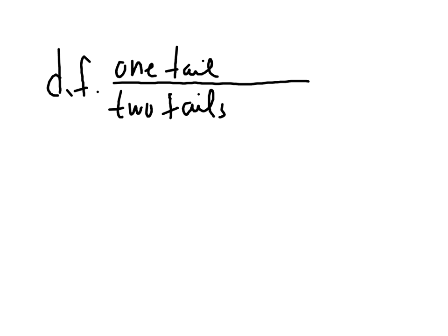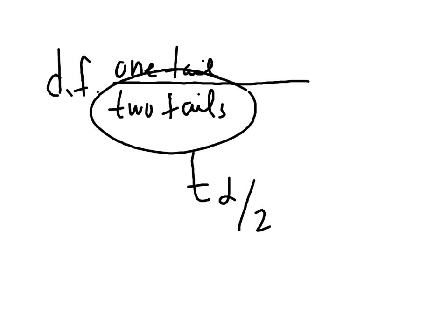The only thing we're dealing with in this section, of course, is two tails. Remember, we have t sub alpha over 2. This is the same idea in theory as we went over in 7.1.